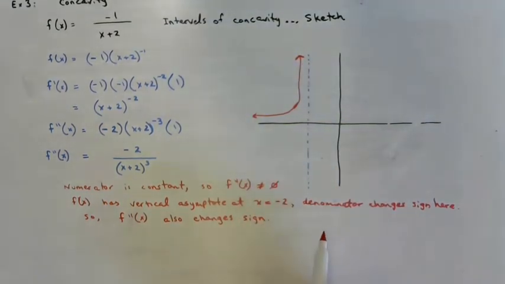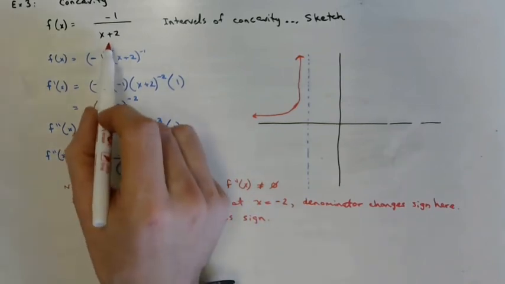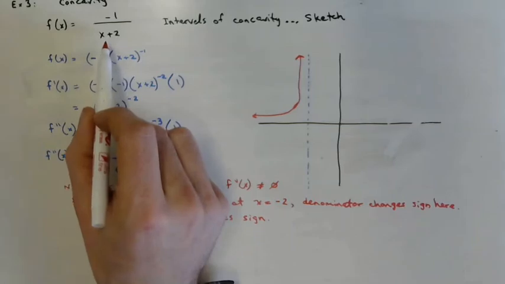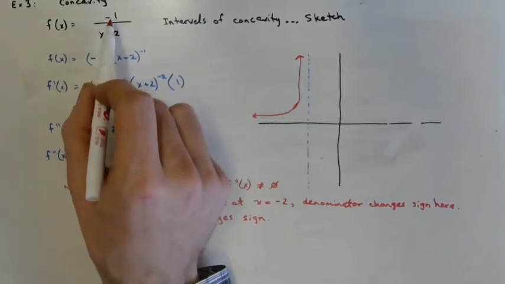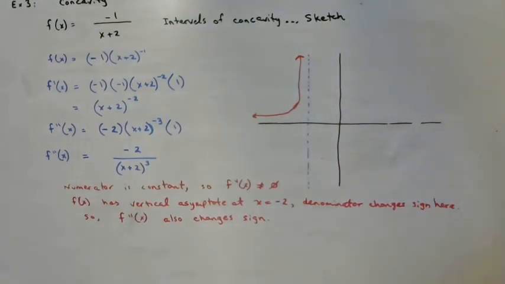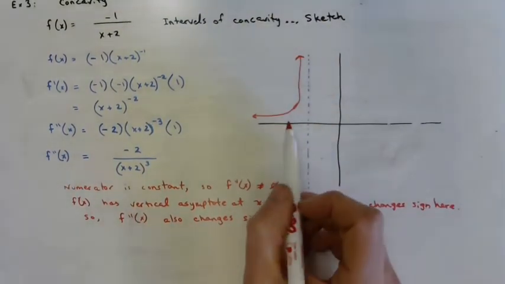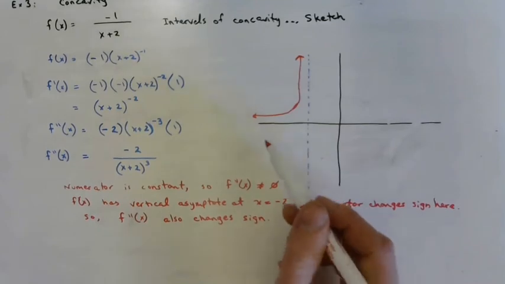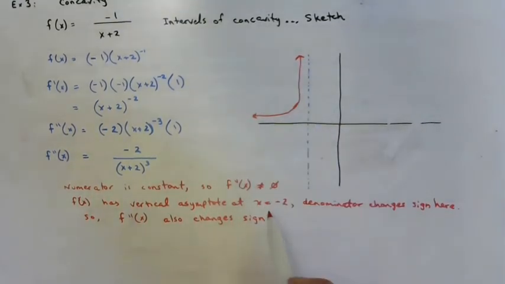And to the left of -2, the denominator is negative. What am I doing here? I'm talking backwards. I'm to the left. I just drew the leg to the left of -2.